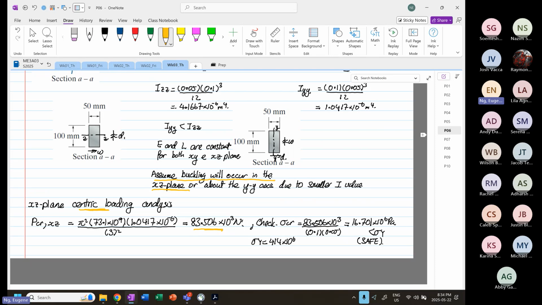Or the buckling will occur about the YY axis because it's weaker. So now we take the buckling about the YY load and put in the eccentric side, which is equal to 83.506. Again, for now, we assume. Later on, I'll teach you how to check.